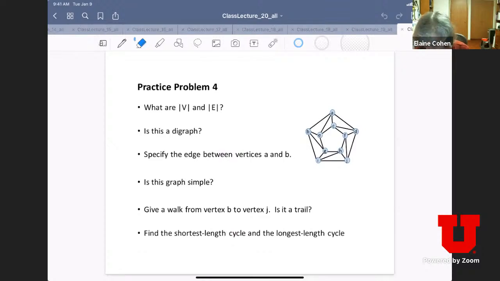Now, somebody, either out loud or in the chat box, give me a walk. There are many, by the way, so there'll be a lot of correct answers. From vertex B, that's on our upper left, to vertex J, which is on our lower right. So somebody type one in there and then tell me.